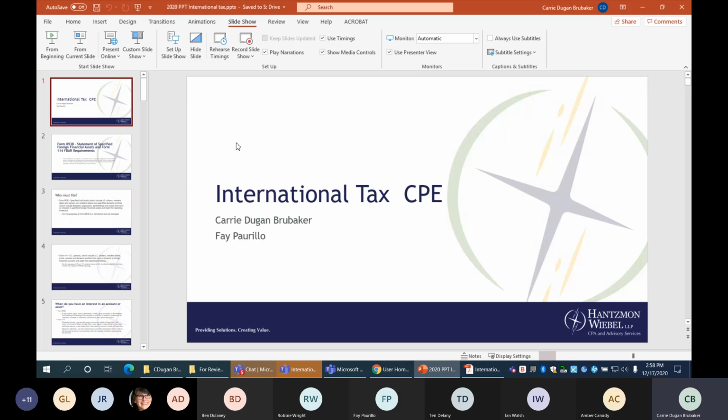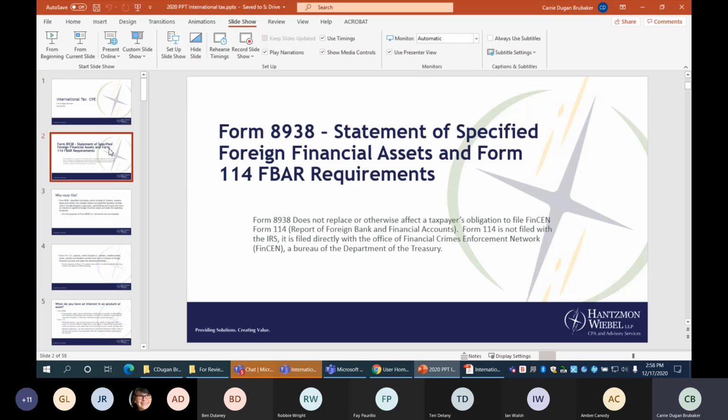The first form we're going to talk about is the 8938, which is the statement for specified foreign financial assets, and also the Form 114, also known as FBAR, and the requirements for each of these forms.